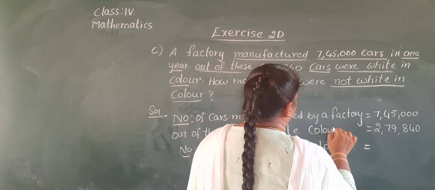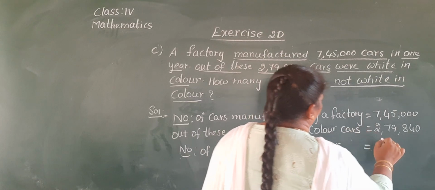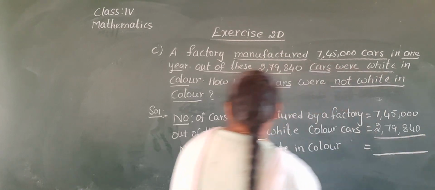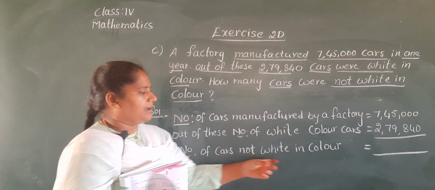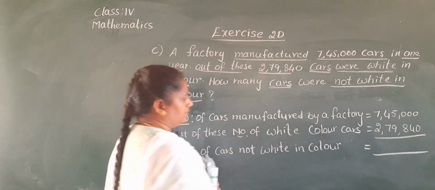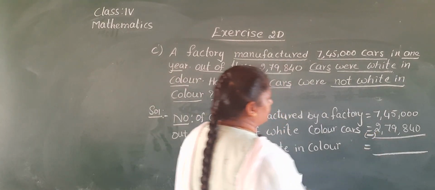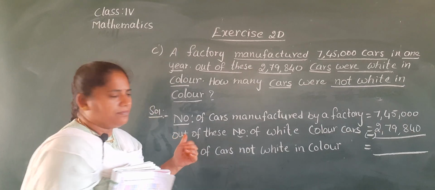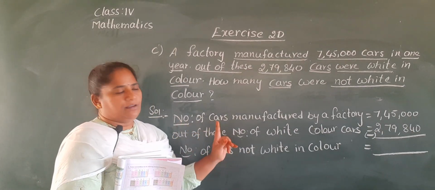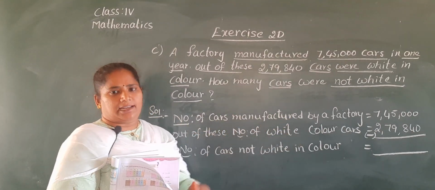Here number of white color cars will write. Here number of cars not white in color. Okay, ma? So keep minus.